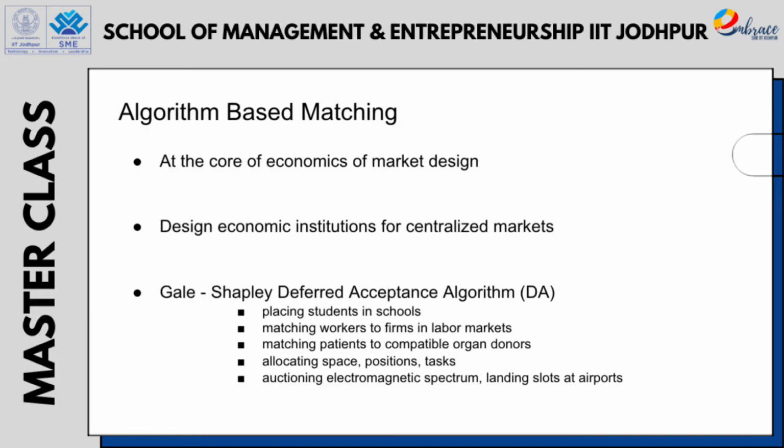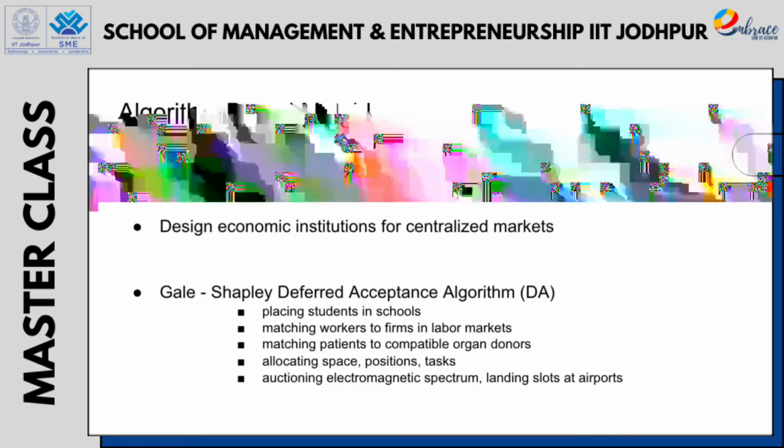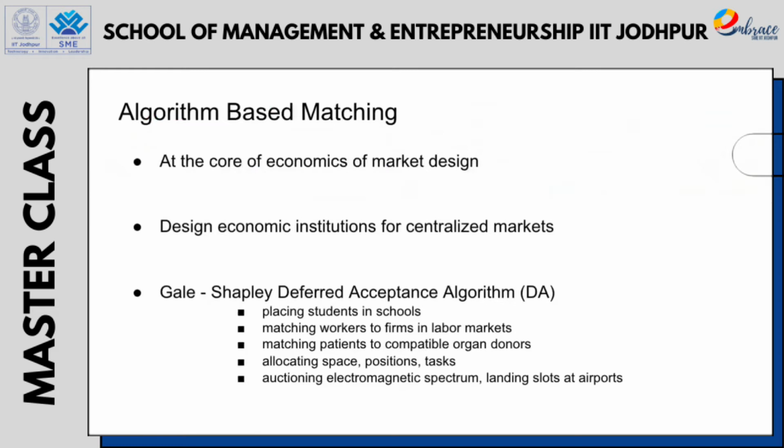Some of the real world users of mechanism design, especially the Gale-Shapley algorithm beyond stable marriages, match students to schools or universities. As I said in the beginning, how do you look at a matching market of MBA admissions? What criterion should you use?